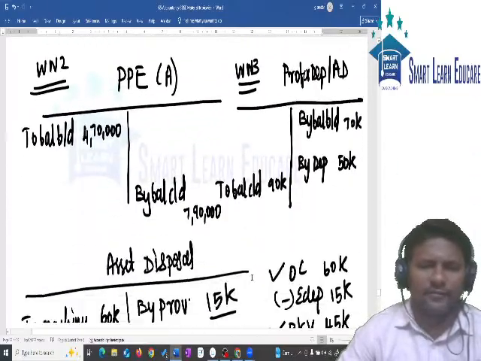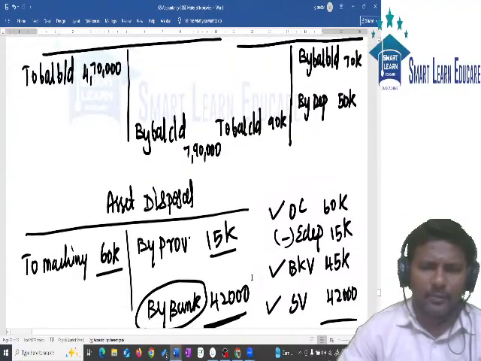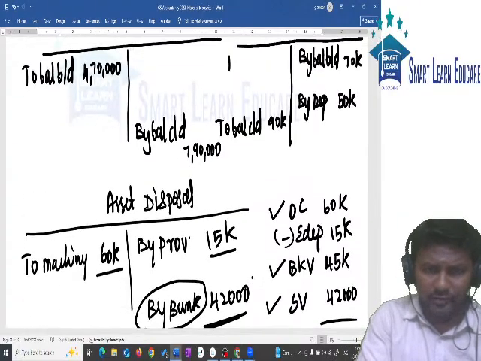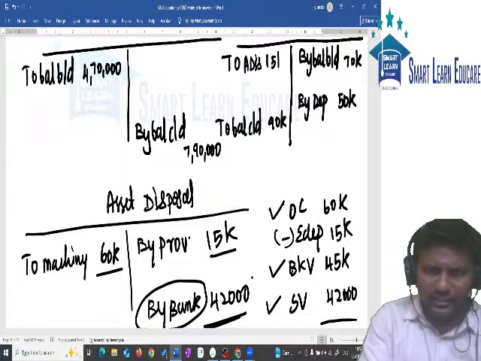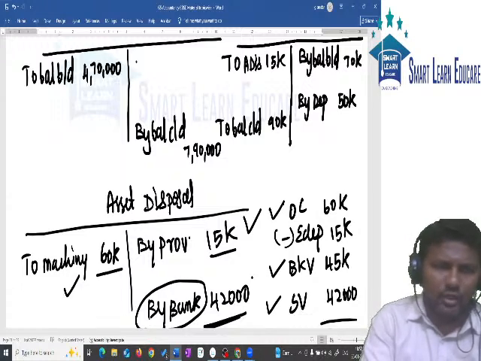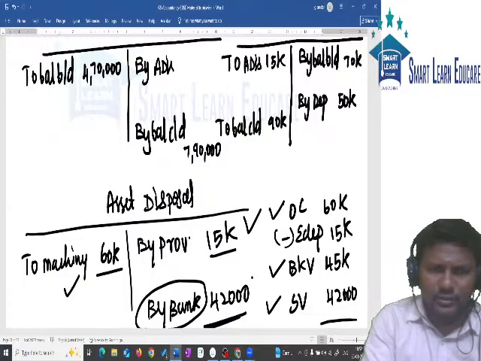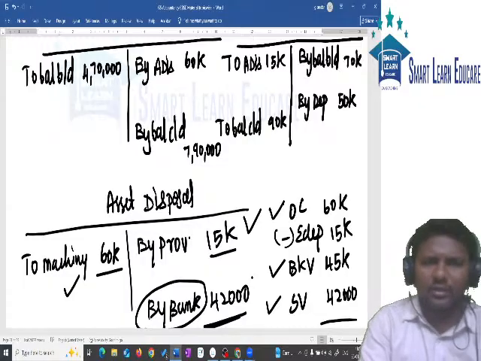So the first account is over. In the provision account, you write to asset disposal account, it is 15,000. Similarly, in the machinery account, by asset disposal it is 60,000.